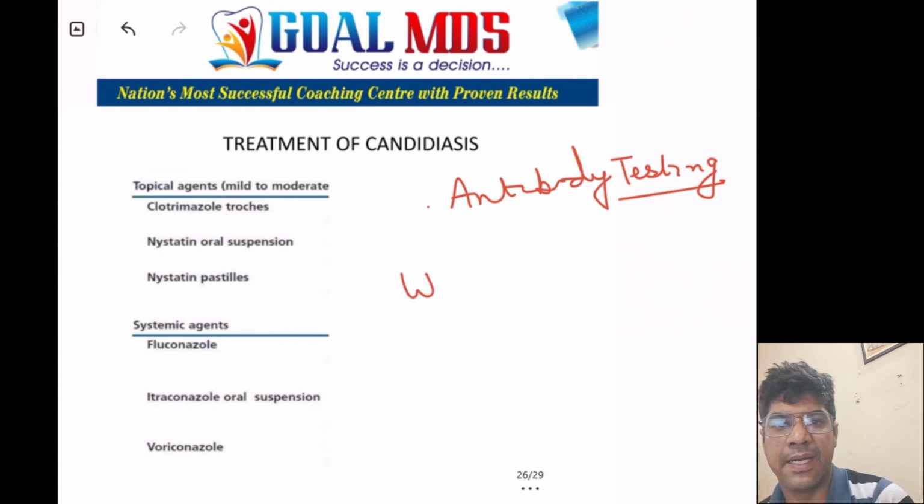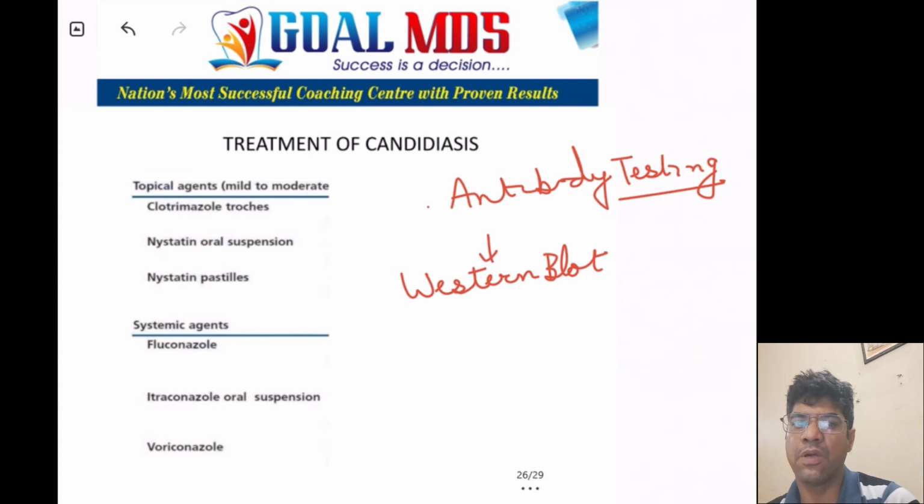Enzyme immunoassay and rapid HIV antibody tests are commonly used. Another is the Western blot assay, so it is confirmed through Western blot assay. Seroconversion period: seroconversion, the development of detectable antibodies, usually occurs 3 to 12 weeks after the infection.